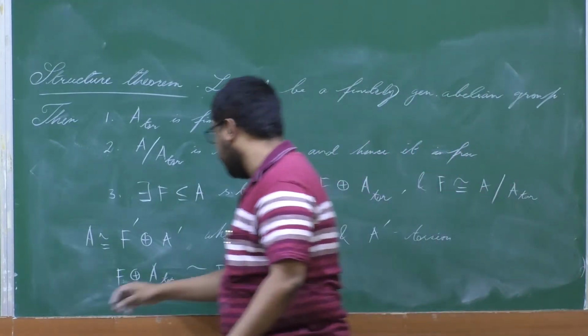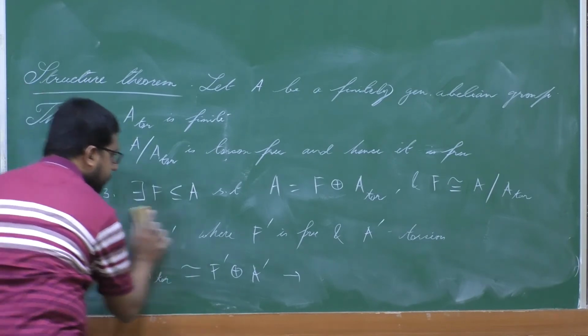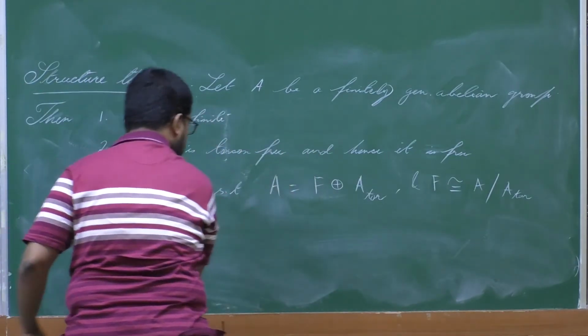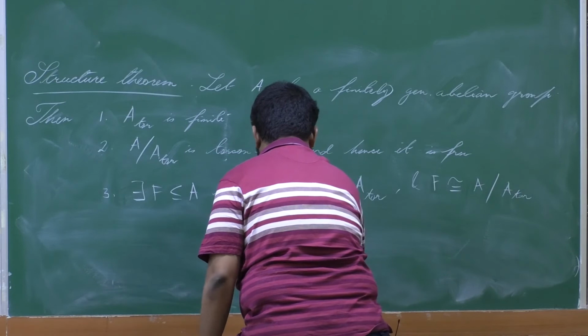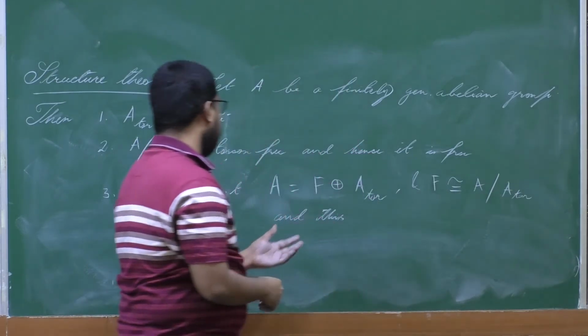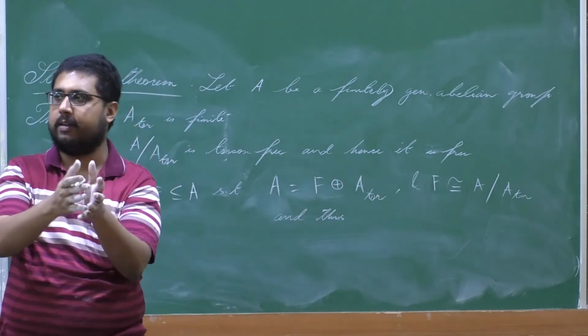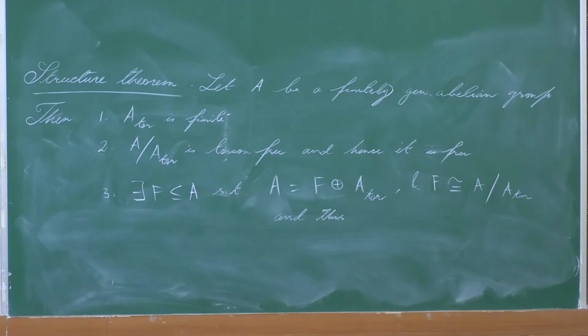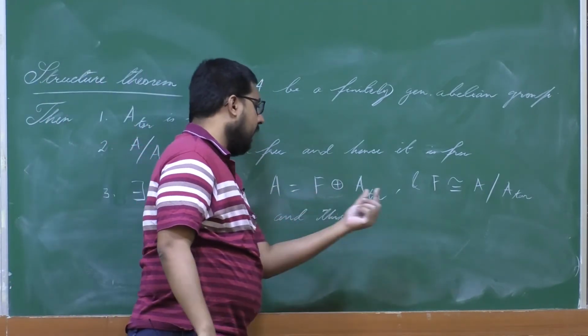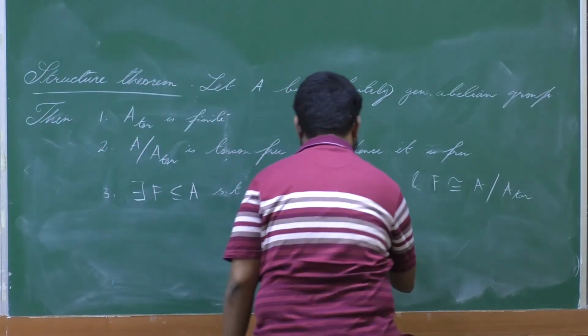So this decomposition is unique up to isomorphism. That means whenever I write A as a direct sum of a free abelian group and a torsion abelian group, the free abelian group must be isomorphic to F and the torsion abelian group must be isomorphic to A tor. Therefore, this decomposition is unique.